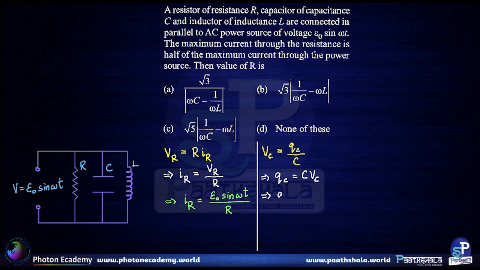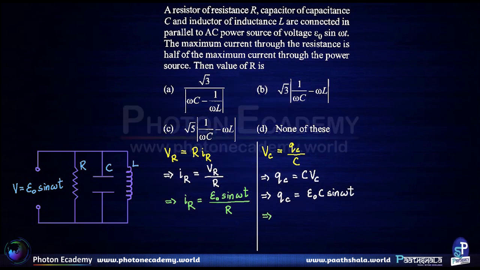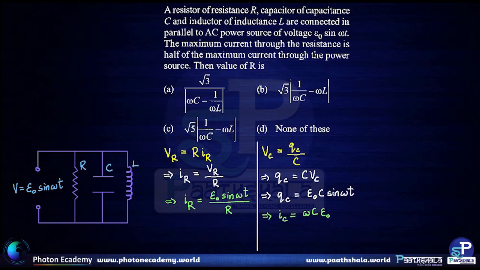Therefore, charge is equal to epsilon naught into C into sine omega t. Therefore, by differentiating it, we get the current across a capacitor is equal to omega into capacitance into epsilon naught sine omega t.